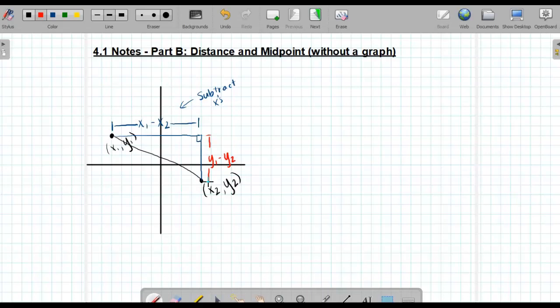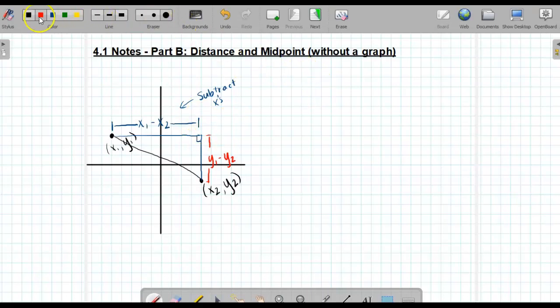But whenever we do Pythagorean theorem, we have a squared plus b squared equals c squared. When we square a number, what happens to the sign? It's always positive, right? Because negative times negative is positive, and positive times positive is positive. So even if this gives you a negative number, it's going to be positive when you put it into Pythagorean theorem.